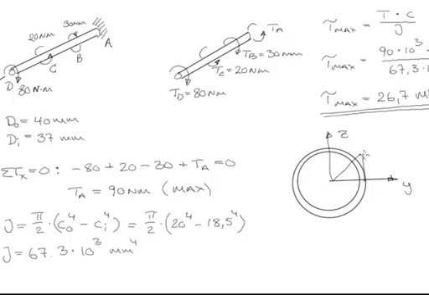So that means we have the maximum tau max out here on the surface of the pipe, and we have the minimum, which is this level, on the inside of the tube.